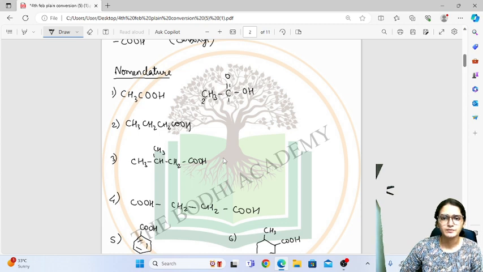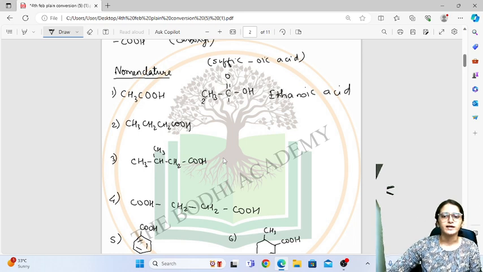Since there are 2 carbons, the chain will be ethane, and the carboxylic acid suffix is oic acid. So the name will be ethanoic acid.